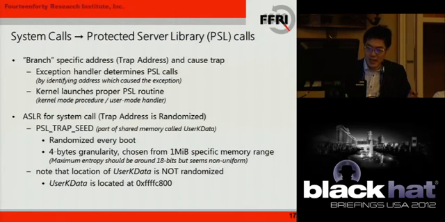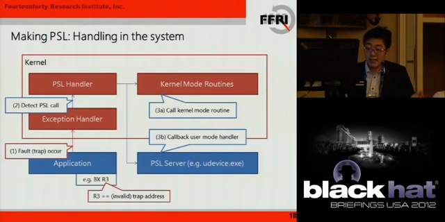These addresses are called trap addresses, and making a branch to them we call a trap exception. If the exception handler catches the PSL call, it redirects to the PSL handler, which could be a kernel mode function, or it could be a user mode callback.